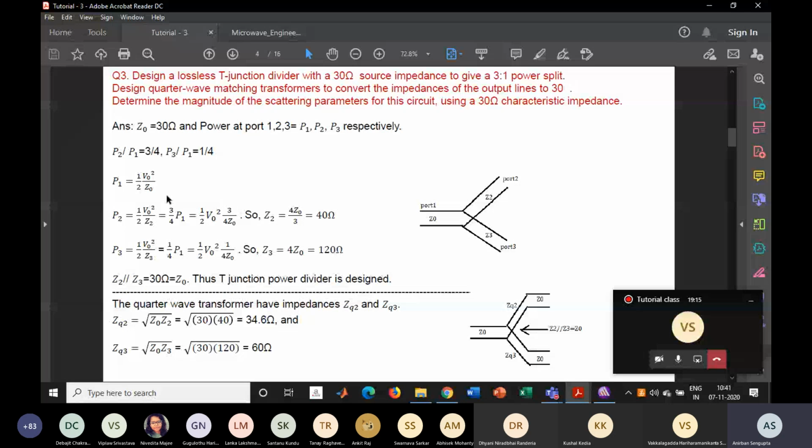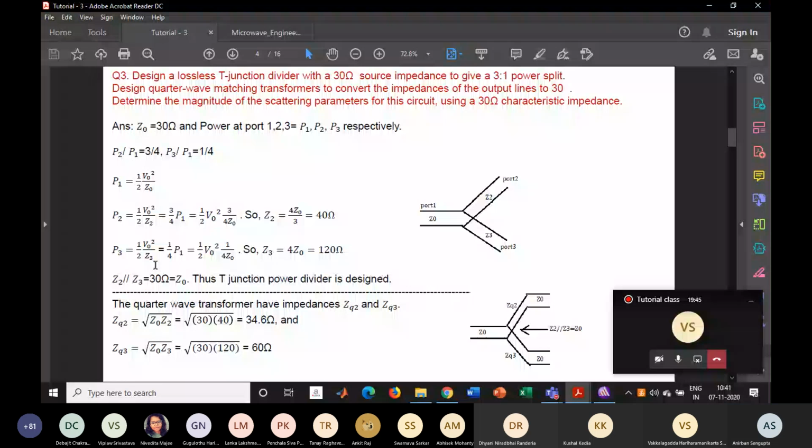The same equation can be written for port 3 also. The port 3 power is half of V naught square by Z3 and also equals P1 by 4. Now again putting the value of P1, we will find Z3 equals 4 Z0, which is 120 ohm.